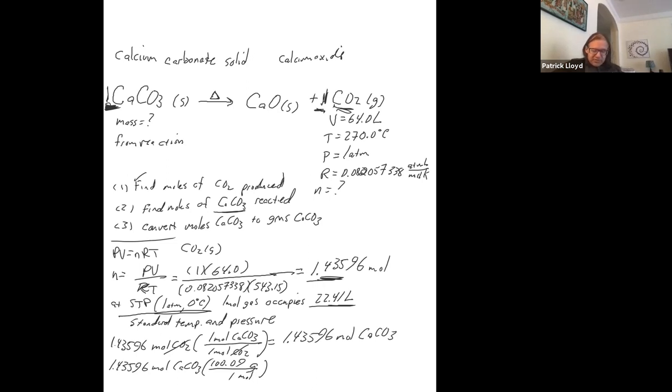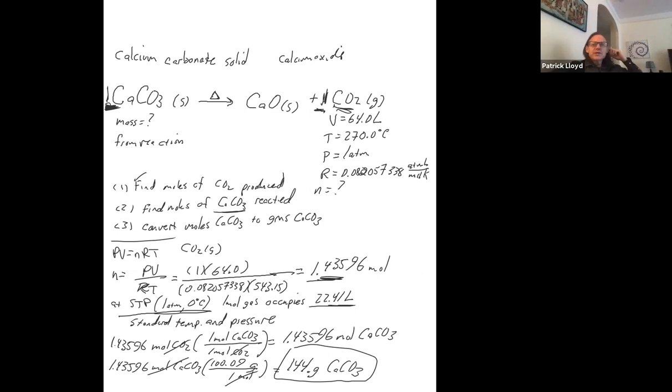So it's going to be a pretty good size mass. It's going to be over 100 grams. So that times 1.43596 looks like they said to do it to 3 significant digits, so 144. All right, so look what we did. We just figured out how much calcium carbonate has to react to form this carbon dioxide, where the carbon dioxide is a gas, and we had to use the ideal gas law, and the calcium carbonate is a solid, so we had to use its molar mass.